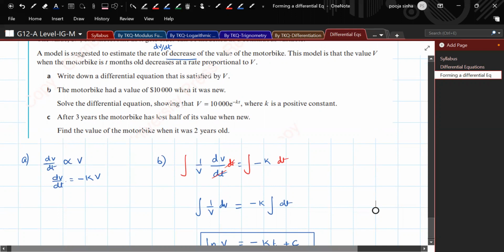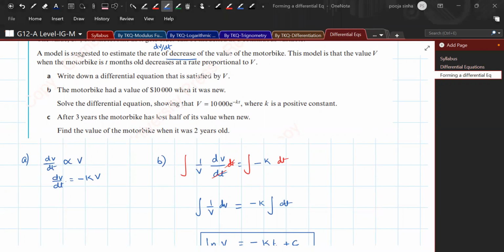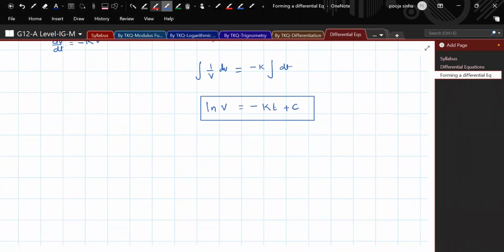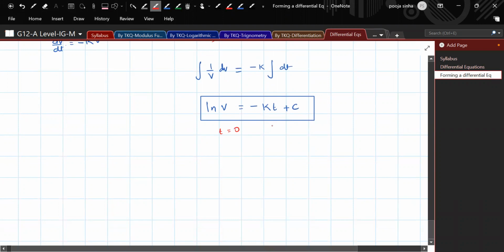The motorbike had a value of 10,000 when it was new. So it's like when t is 0, V is 10,000. Exactly. So I'll just write the information. t is equal to 0, V is equal to 10,000, right?